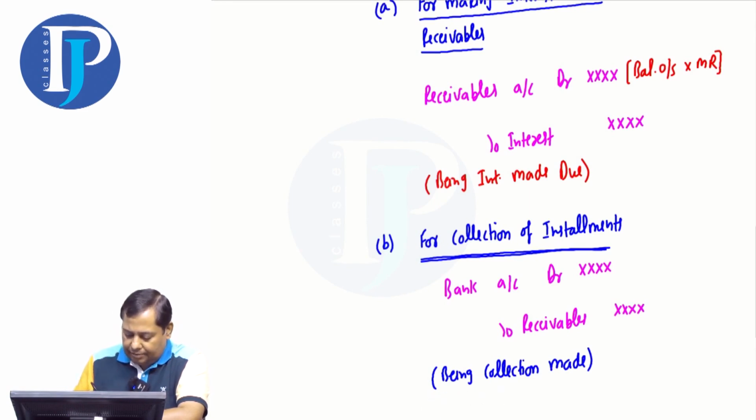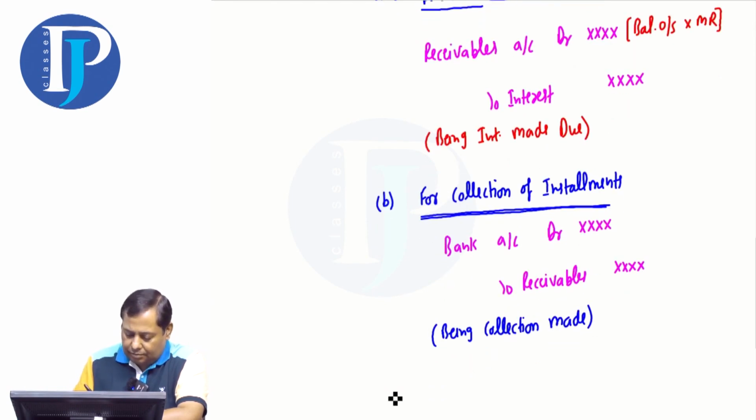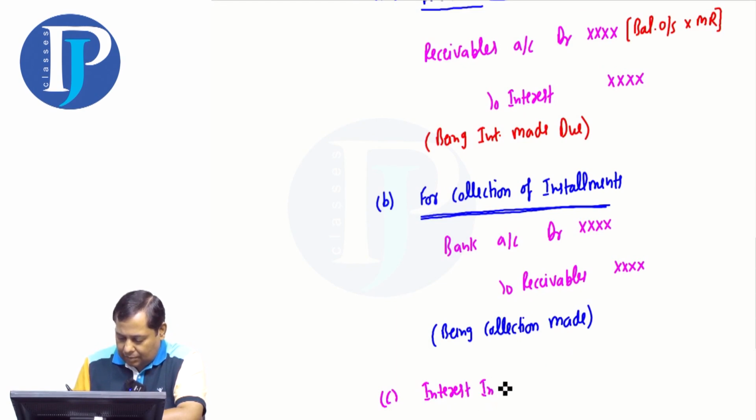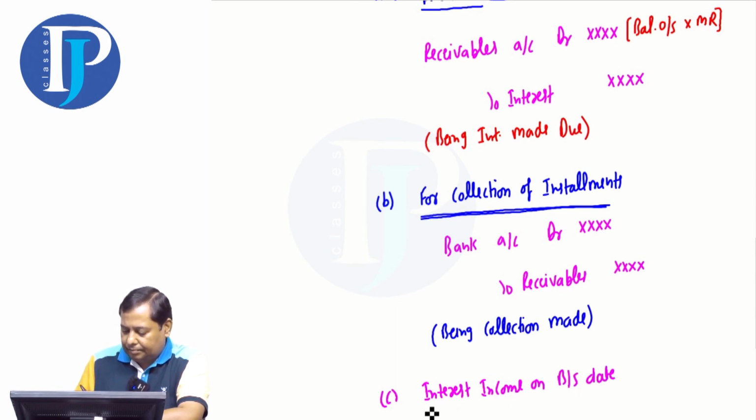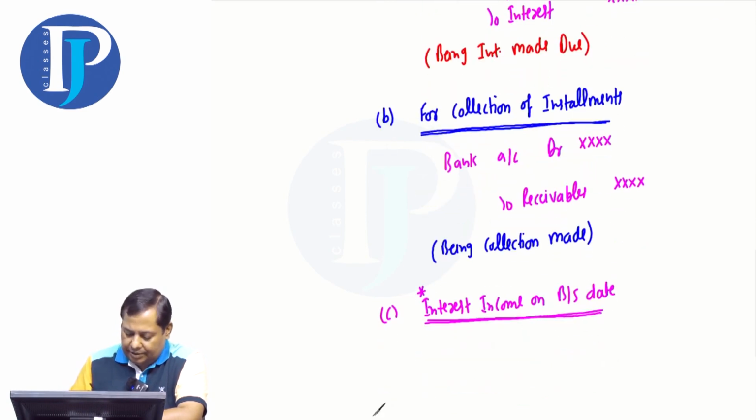And for point C, interest income on balance sheet date. I'm talking about this interest. Now look at this carefully. This interest comes to P&L.